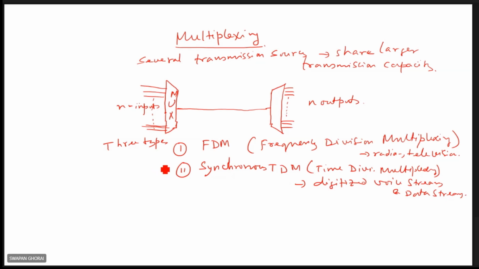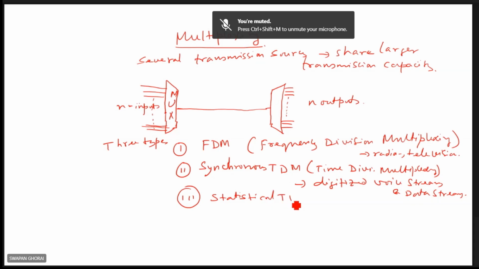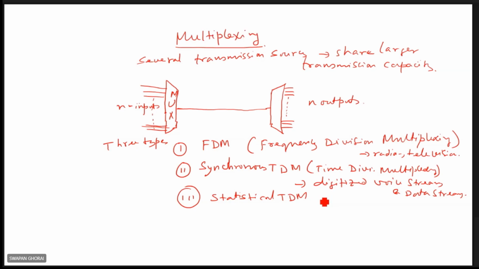There is another type of multiplexing called statistical TDM. It is basically time division multiplexing but with higher efficiency, and it is sometimes also called asynchronous TDM, or intelligent TDM.